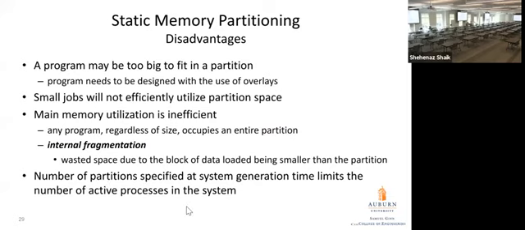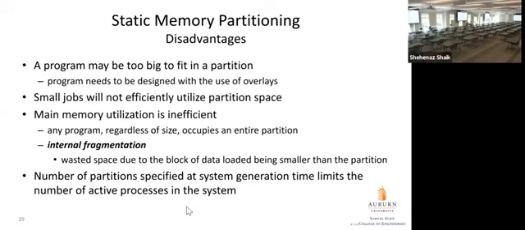So we cannot dynamically change the degree of multi-programming depending on what kind of processes are being executed and what their needs are. Those are all the different limitations with this static memory partitioning approach.